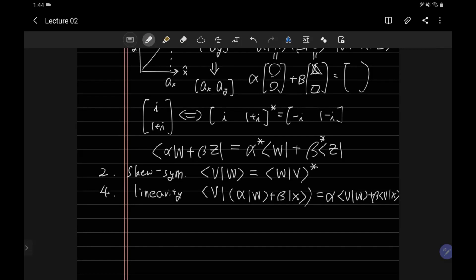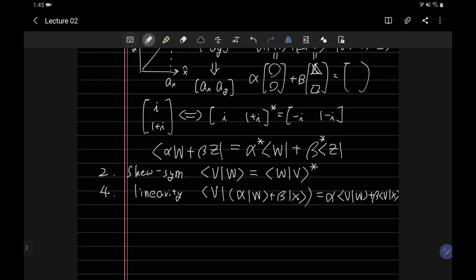This is just the definition of the generalized inner product. Using this, we can actually prove that it should be the complex conjugate of alpha, not just alpha here.